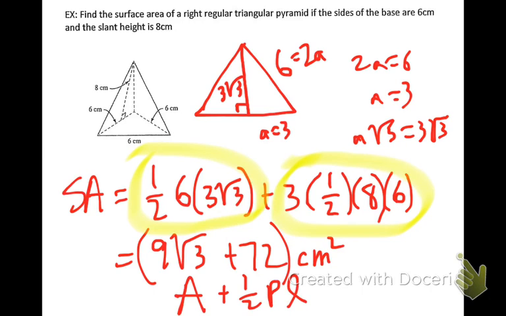You're doing the 3 triangles at once when you do perimeter, rather than 3 times 1/2 the base times the slant height.